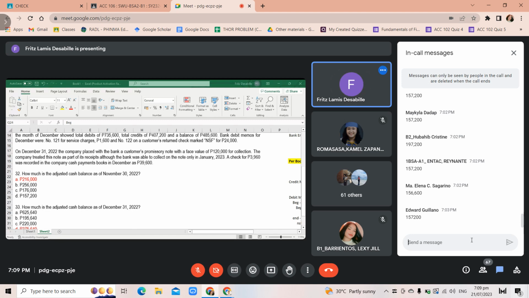Pila guys? Oh, sorry. Added or deducted? So nag-add, na nag-deduct. So nag-deduct. Sa cash guys ha, cash balance, dili sa disbursement. $35,640 added, deducted $35,640.